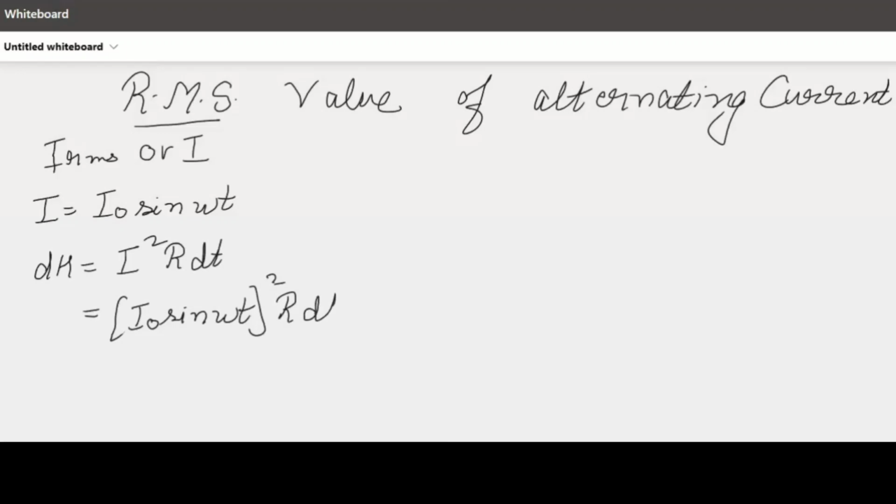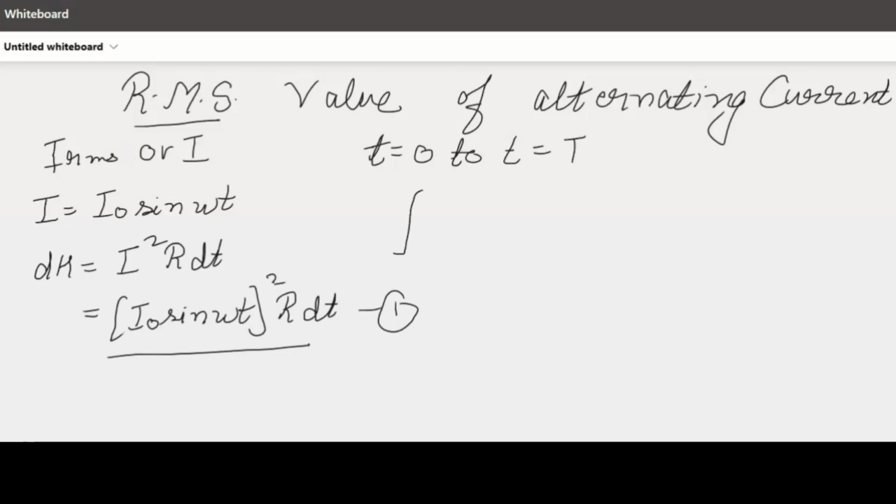multiply with R into dt. Then we want to calculate this for the complete time interval, that is we want to calculate the heat produced in the conductor. So we take the limit for one complete cycle, from time 0 to time t equal to capital T, that is the total time period.